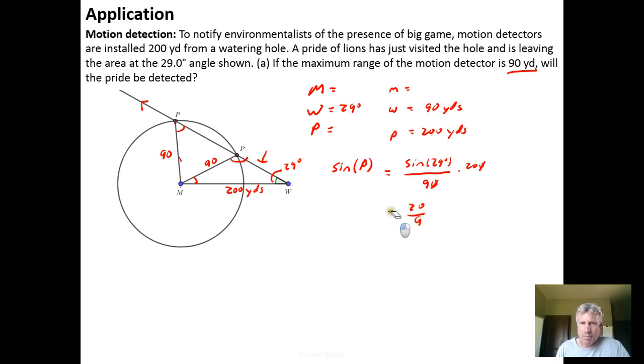And I can approximate this. I can get a super good approximation without even going to my calculator. The sine of 29 degrees is almost the sine of 30 degrees, and the sine of 30 degrees is a half. In fact, the sine of 29 degrees is just a smidge smaller than a half. So this is going to be approximately equal to 10/9.